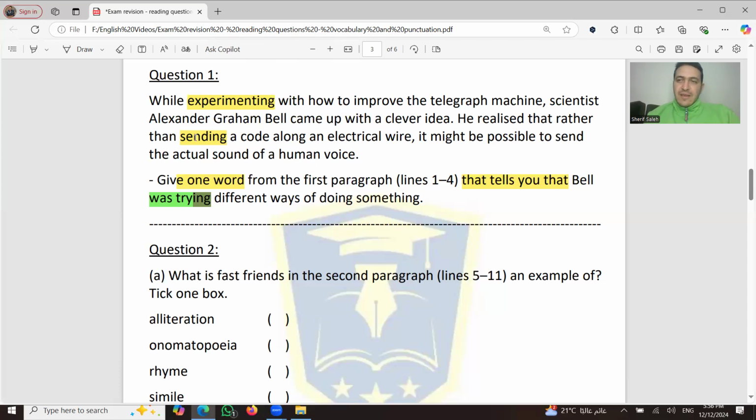We all know that sending doesn't mean trying different ways of doing something. So even if we don't know the meaning of experimenting, we should choose it, because, apart from the meaning, even if I don't know the meaning, I have other ways to think about how to find this word.